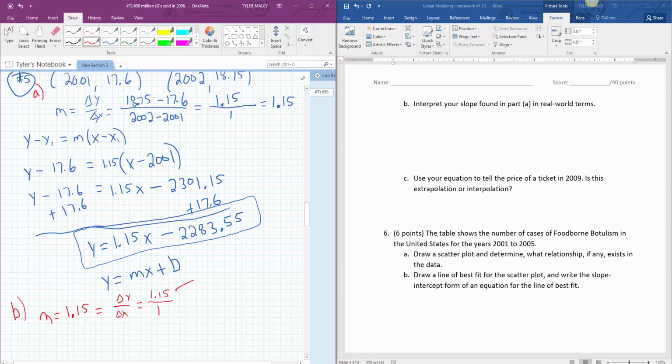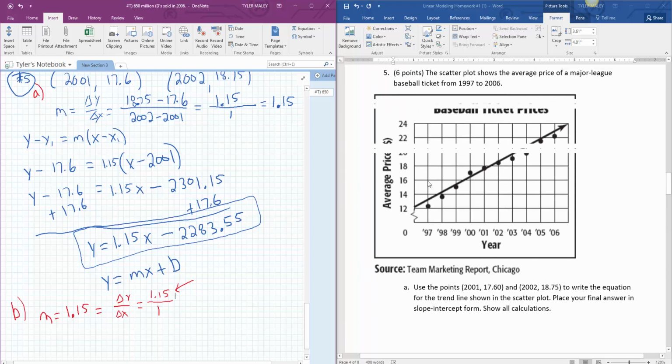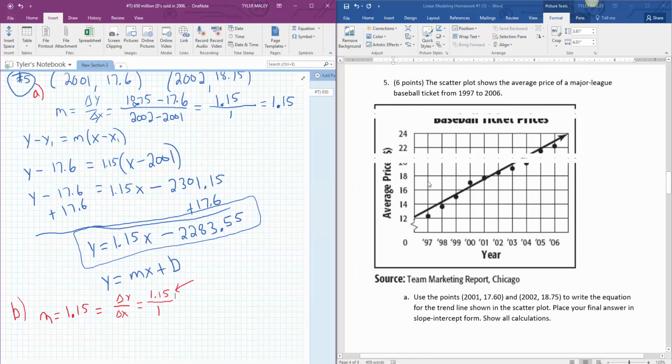And the units for my y variable, if we scroll up here, is the average price in dollars, right? So it's important for the unit. And then down here, my change in x is in years, right? And my whole data is on baseball ticket prices, right? Baseball ticket prices.